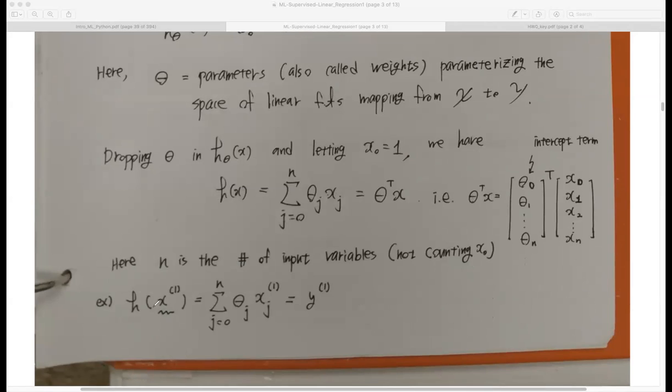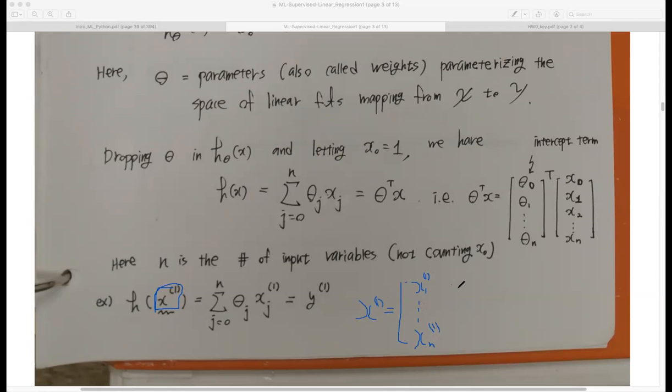Now for h of x, see that here: this x upper one, x superscript one, is a column vector, x upper one sub 1 through x upper one sub n.